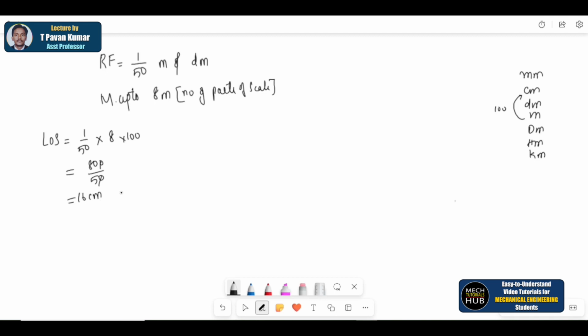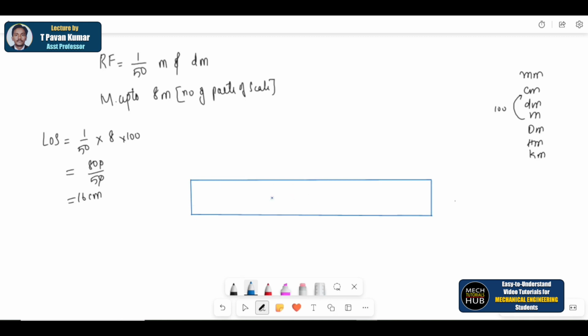So I need to draw a line of length 16 centimeters, then a width of 1.5 centimeters, then one more parallel line to that. Then I'm closing it.